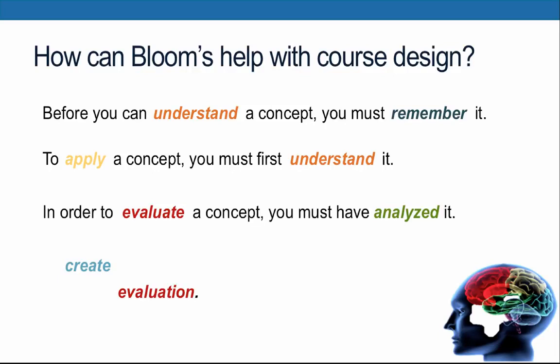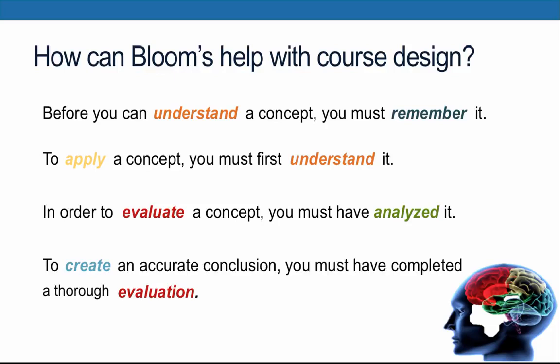In order to evaluate a concept, you must have analyzed it, and to create an accurate conclusion, you must have completed a thorough evaluation. As you introduce new concepts to students, they will need to understand, remember, and apply the concepts to move forward to the higher order skills, such as analyzing, evaluating, and creating.